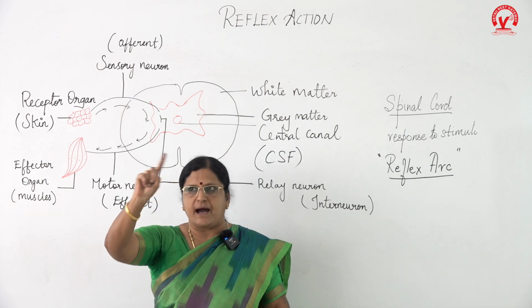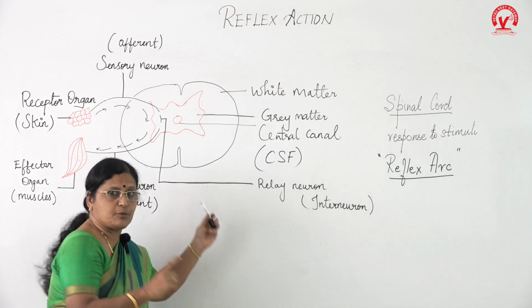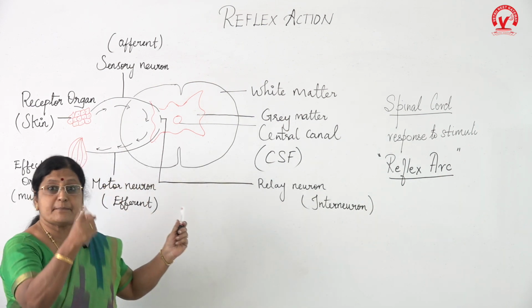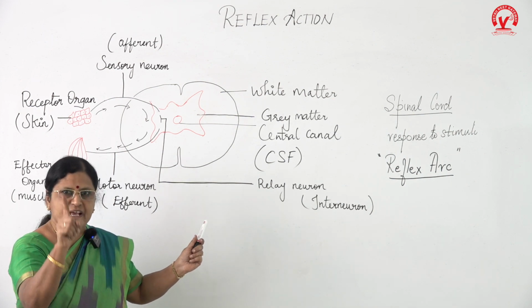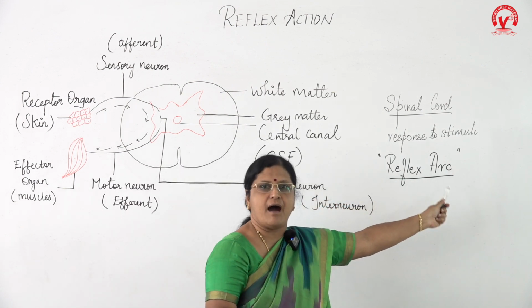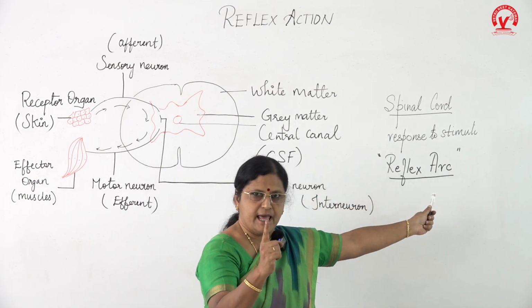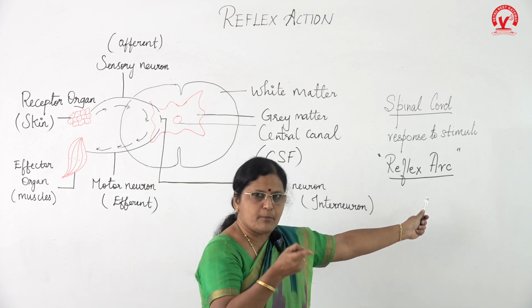So this is the pathway of the reflex action, and we have seen this pathway in the form of a semicircle or an arc. Therefore, reflex action is always carried out in the form of a reflex arc. The response to stimuli happens in the direction of a reflex arc, in the form of a semicircle.